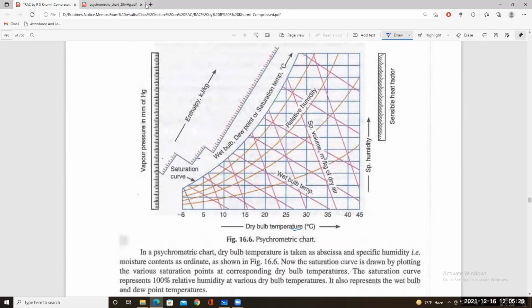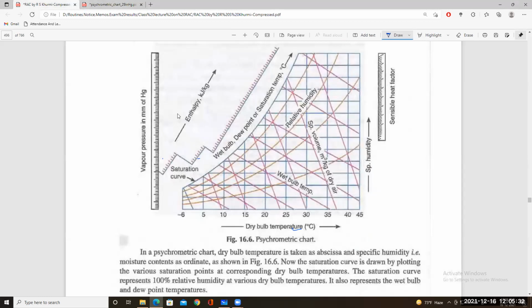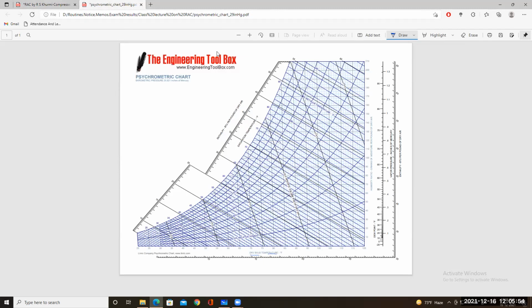And the specific humidity, that is the moisture content per kg of the mixture, or the humidity ratio, is taken as the ordinate, like this psychrometric chart. The humidity ratio is in grams of moisture content.